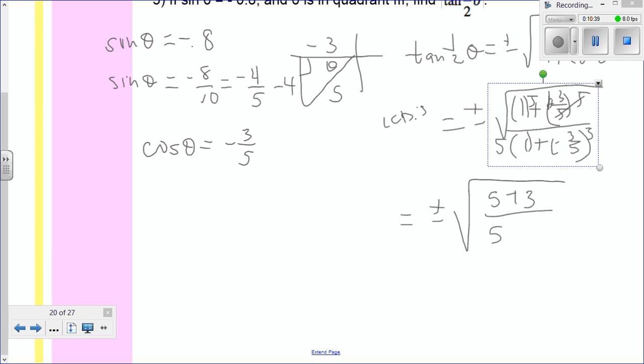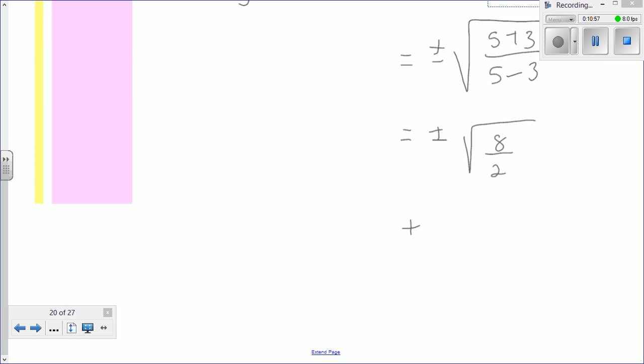Plus a negative would be a minus 3. So it's plus or minus square root of 8 over 2. And 8 divided by 2 is 4. It's plus or minus 2.